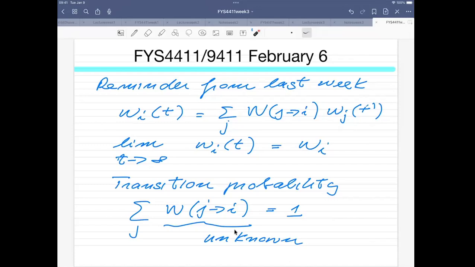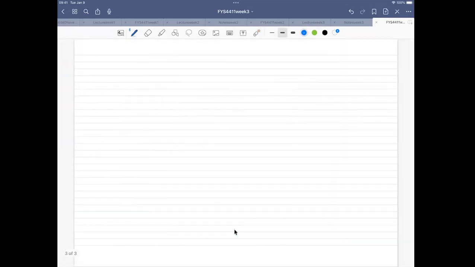Now, this transition probability is normally an unknown quantity, or even if it's known, it can normally be too difficult to sample from, because it's a multidimensional, multivariable quantity.